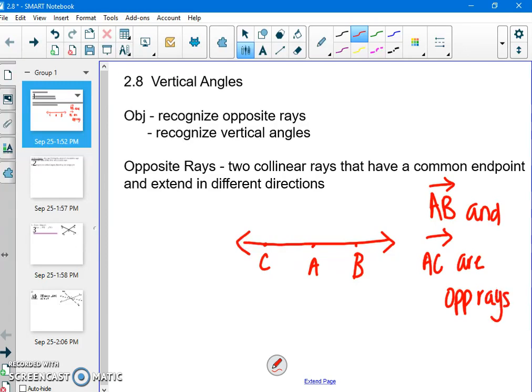Okay, and they share A here. If I were to draw something like this, these are not opposite rays.